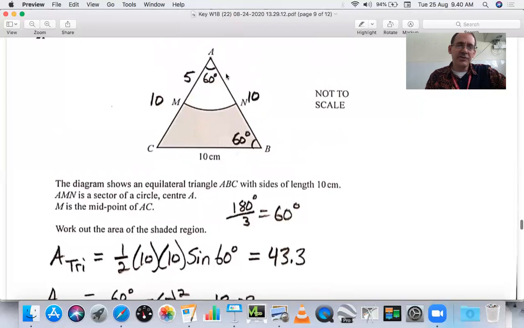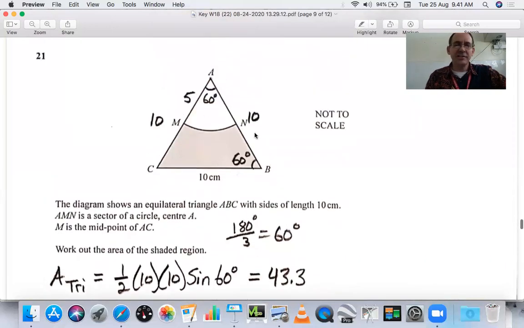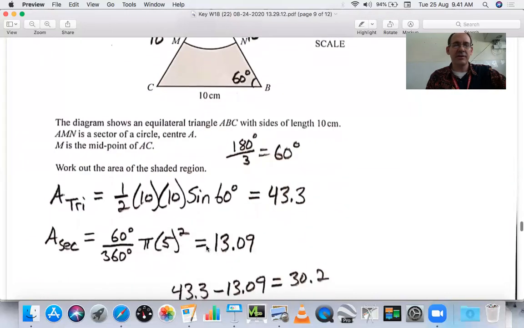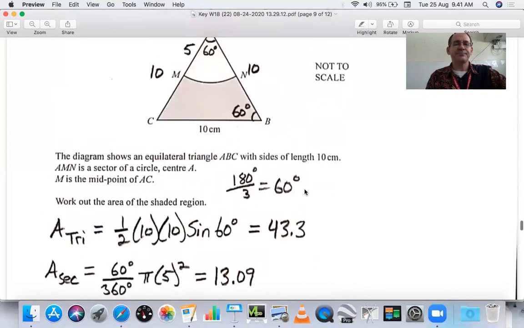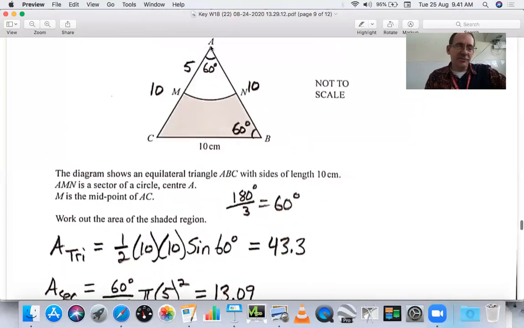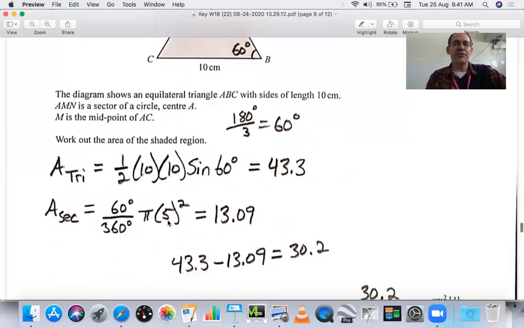And the area of your sector of a circle, since we're using degrees, we need to take the 60 out of 360. So it's the fraction of the circle that we have, 60 degrees out of 360, times the area of the circle, which is pi r squared. And the radius is from the center to M. M is said to be the midpoint. So that means that the radius is 5.